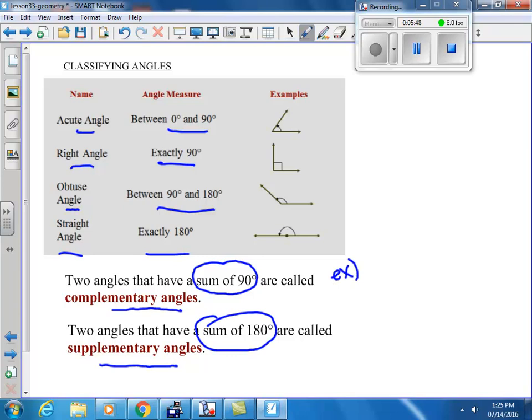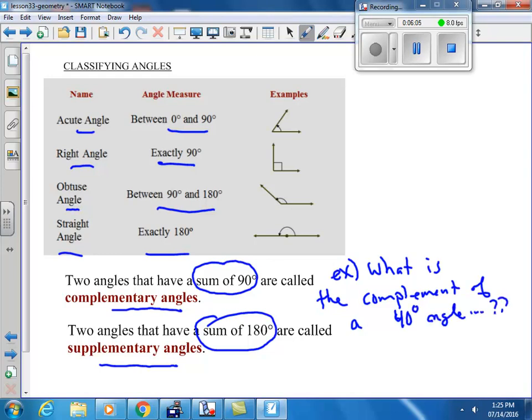Little note, so if I ask you, what is the complement of a 40-degree angle? You will say, oh, 50 degrees, right? Because 50 plus 40 makes 90.